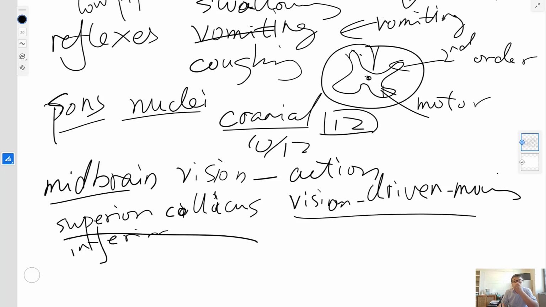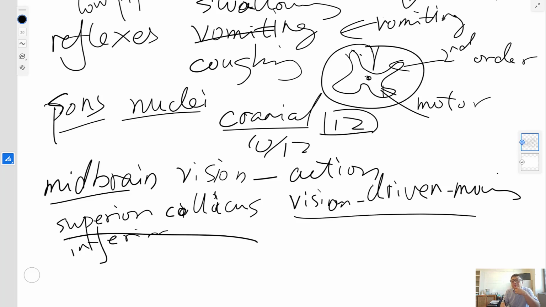Your eye can be automatically driven. And it's more advanced in birds. You can see a bird's head is always moving around to make sure that the eye is always following the target. So this is the movement mediated by the midbrain, the superior colliculus.